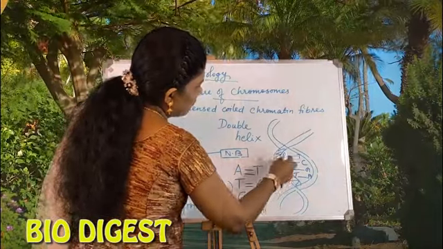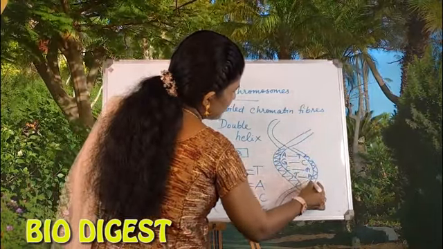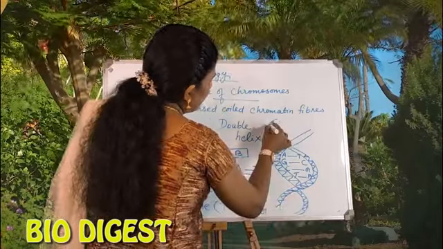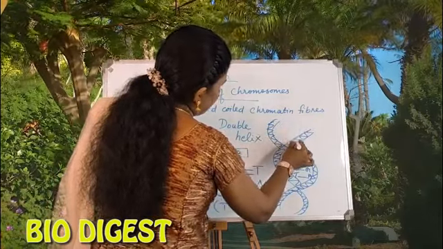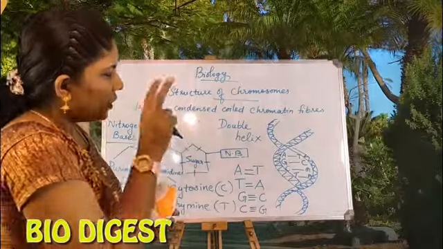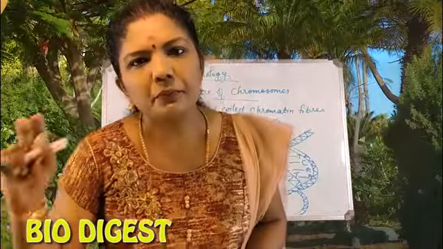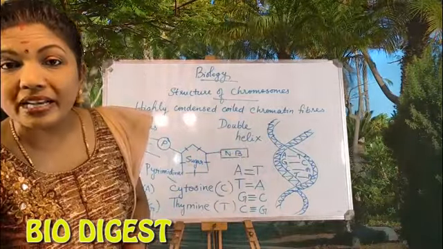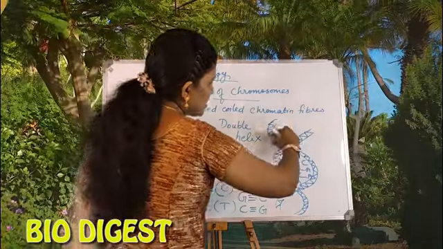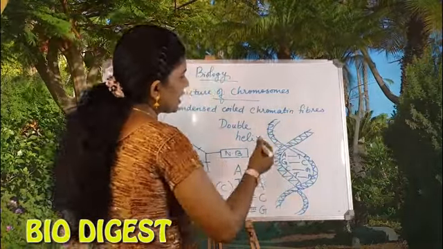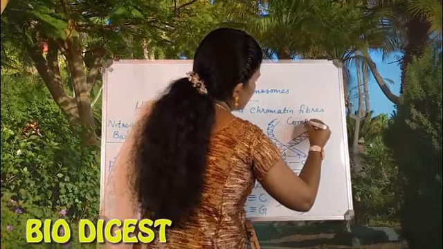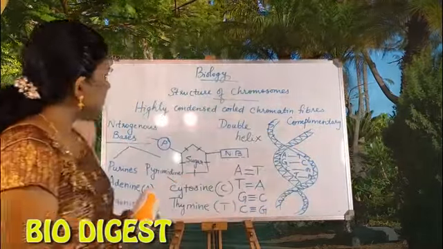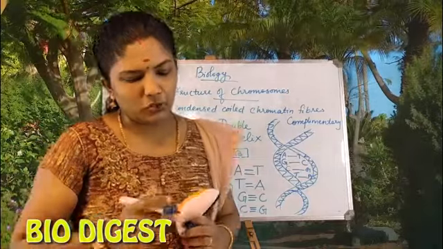Pentose sugar and phosphate group will be present in these regions, and in the step-like region you will find the nitrogenous bases. This model is called a double helical structure or a double helix. That means this is one strand, this is another strand, and they are complementary to each other. So this is the structure of a DNA molecule.